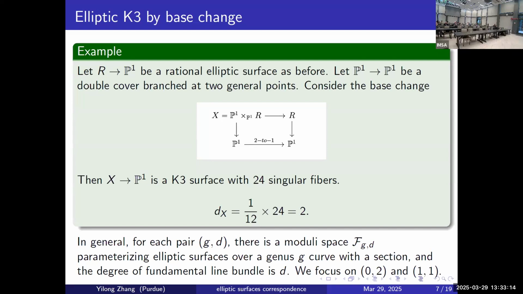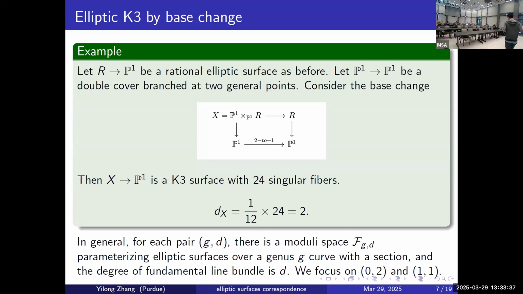In general, what is true is that you are just computing the genus of the base plus the degree minus 1. In this case, the genus of the base is 0 and the degree D is 2, so it is 2.